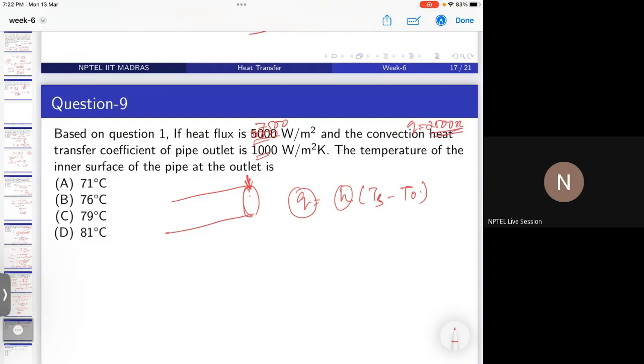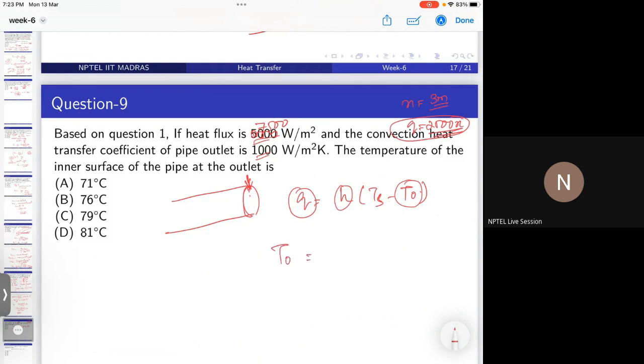Okay, so here the outlet is at x equal to 3 meter. So the heat flux is 7500 watt per meter square, and the convection coefficient is 1000 watt per meter square. Then we can take the To that we have calculated from the previous question.